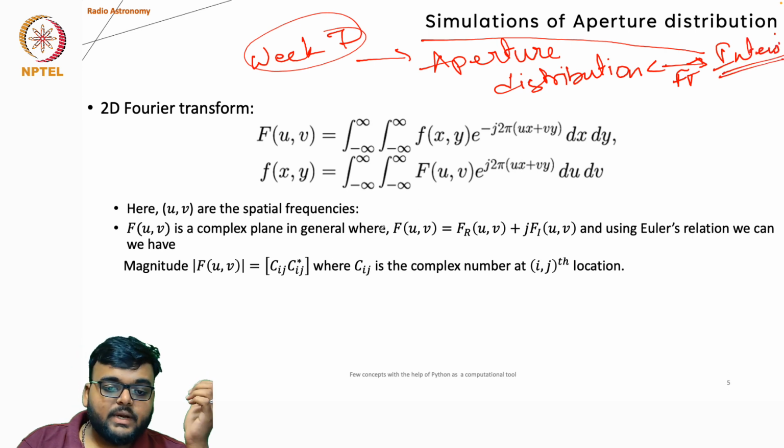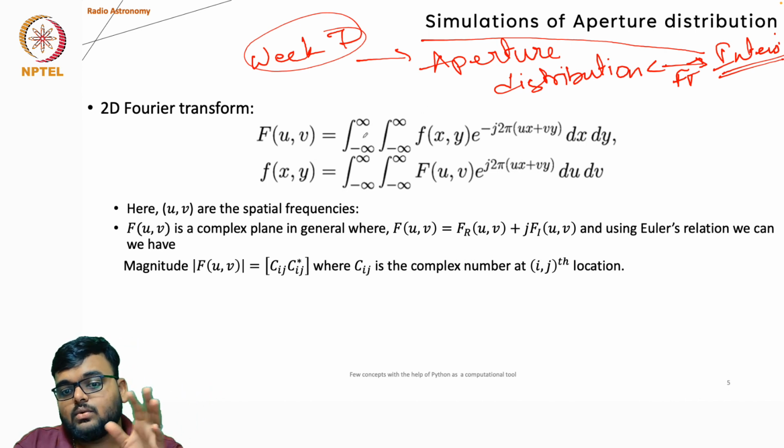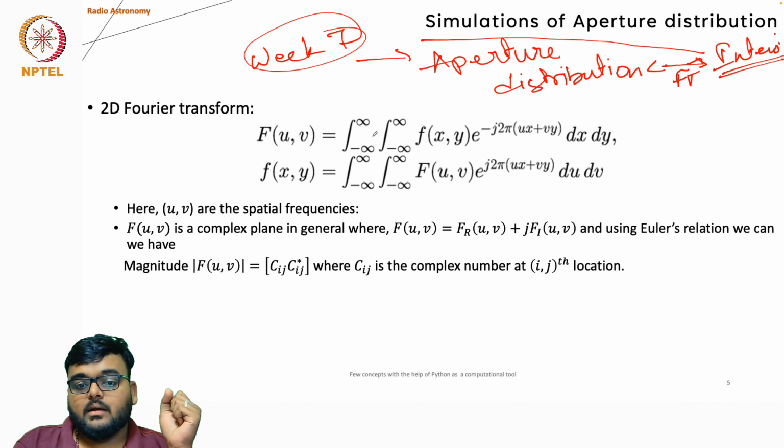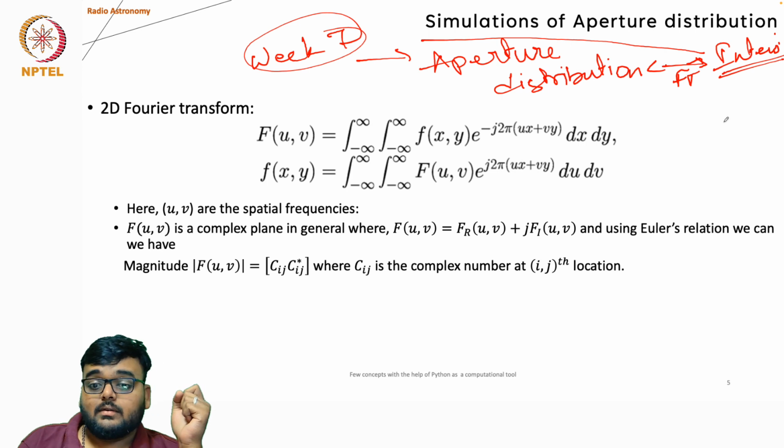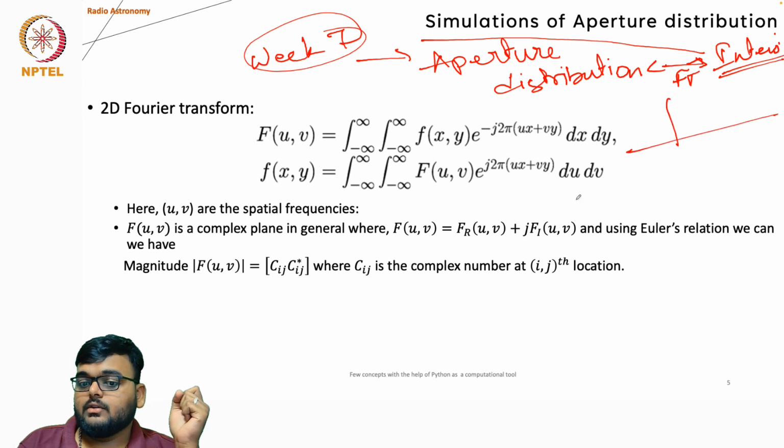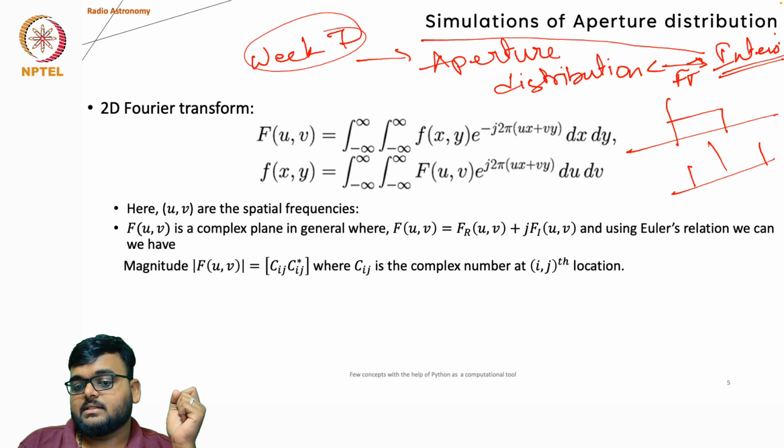So these two are a Fourier pair. But what you might have seen there, we had an aperture like this, we had 2-point apertures like this, or we had an aperture something like this.